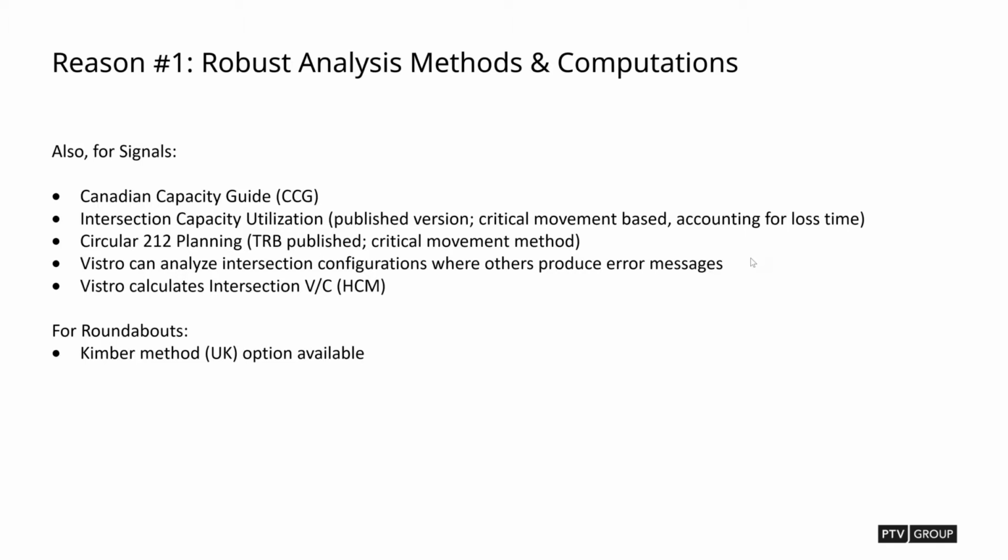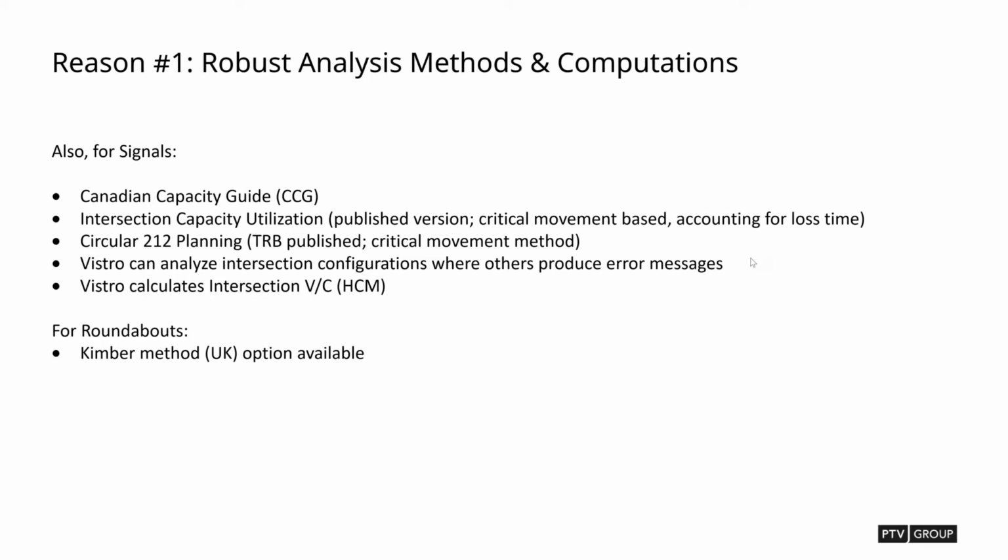And so if you're looking for the implementation that used in many parts of areas like California for planning level studies, please utilize the ICU 1 or 2 versions within Vistro for a level of service A through F ability.